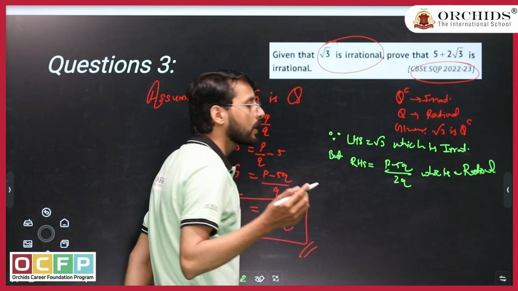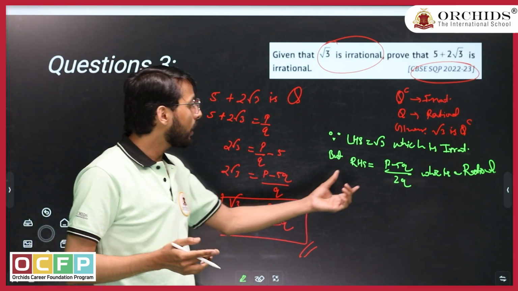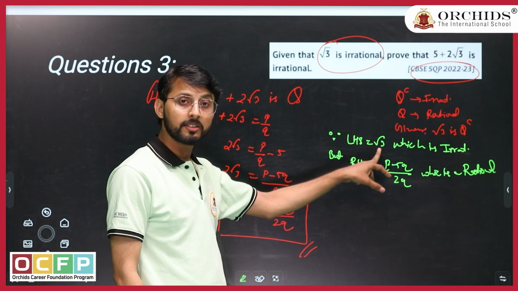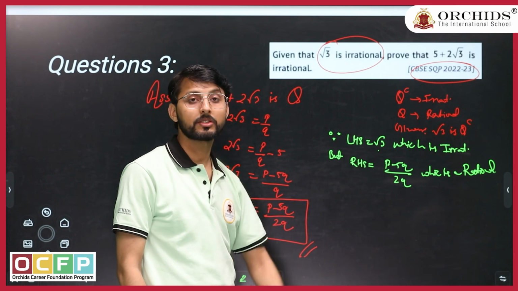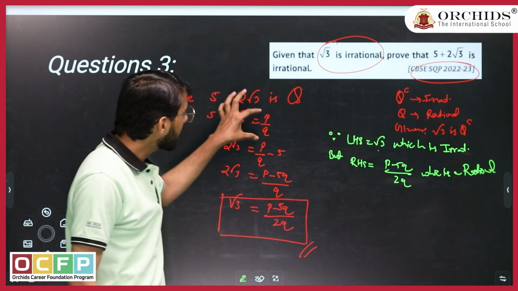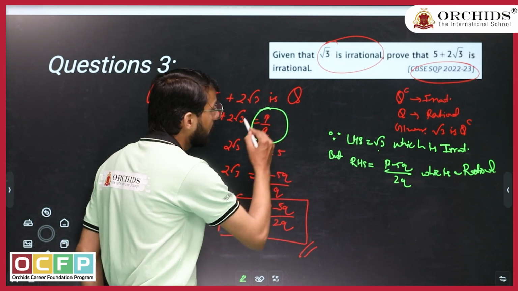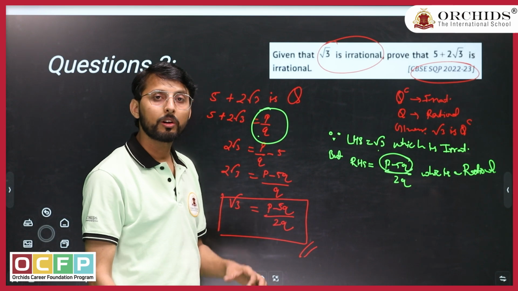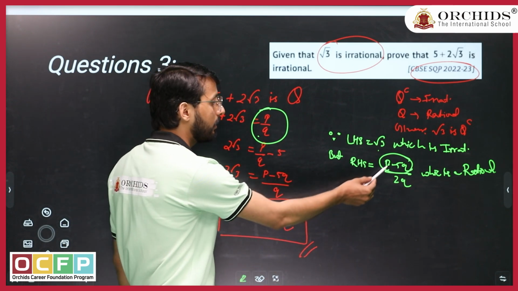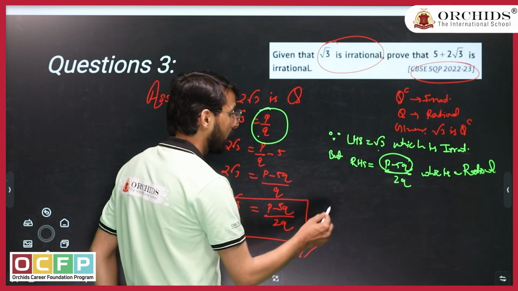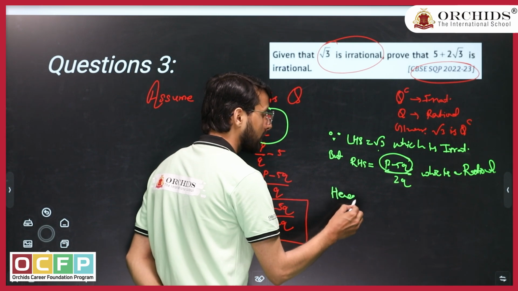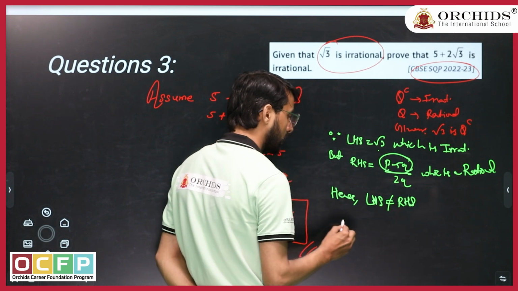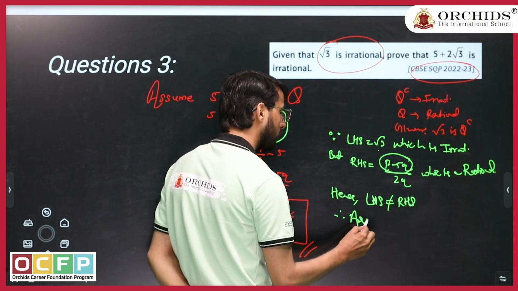Now one question can come into your mind: how come this is a rational number? Since root 3 is irrational, why am I telling this is rational? Because we have taken p and q as rational, so the sum or the difference of rational numbers will always remain rational only, and the division of rationals is also rational. Hence we can easily say that LHS is not equal to RHS. Therefore the assumption was again wrong.